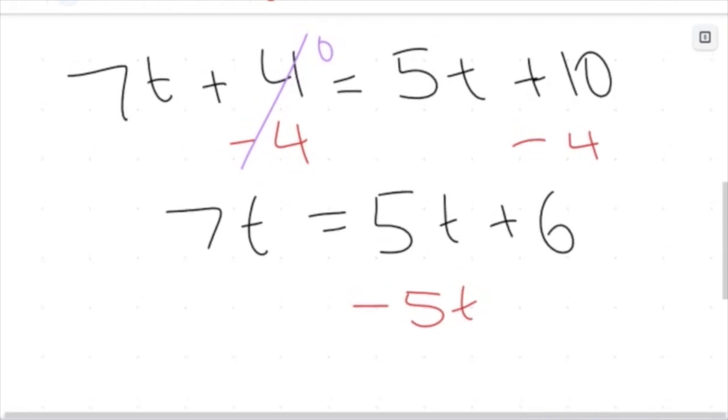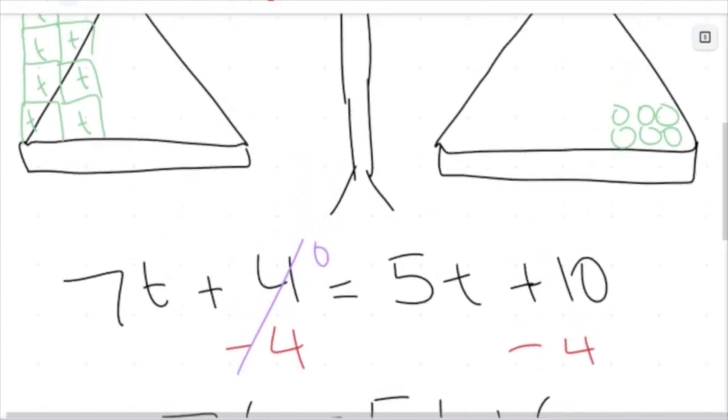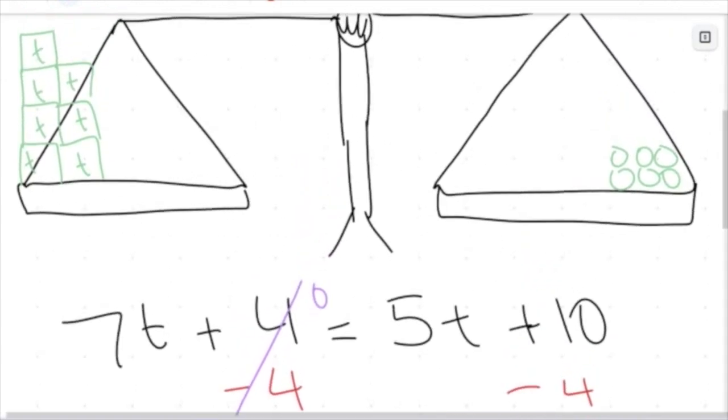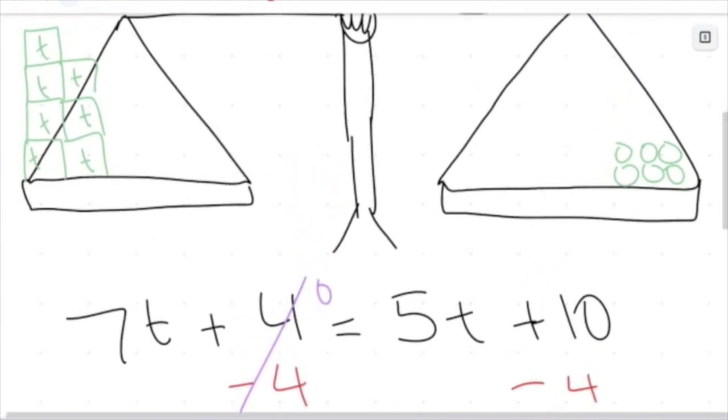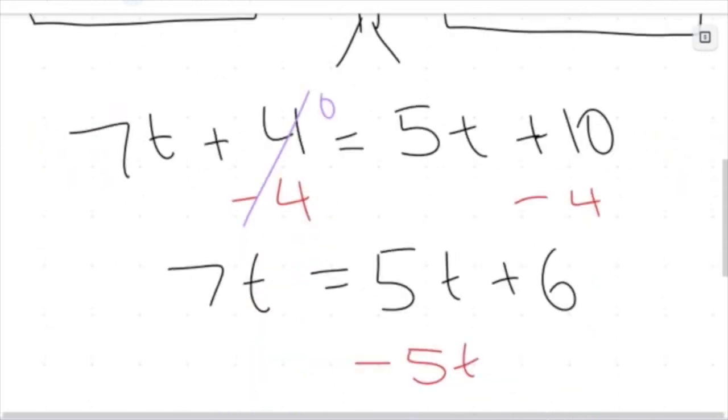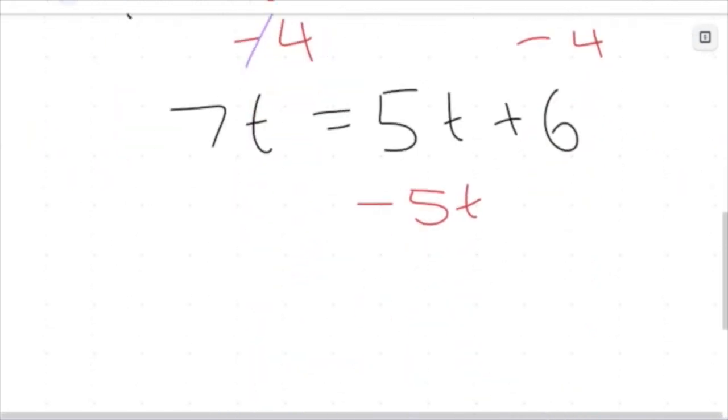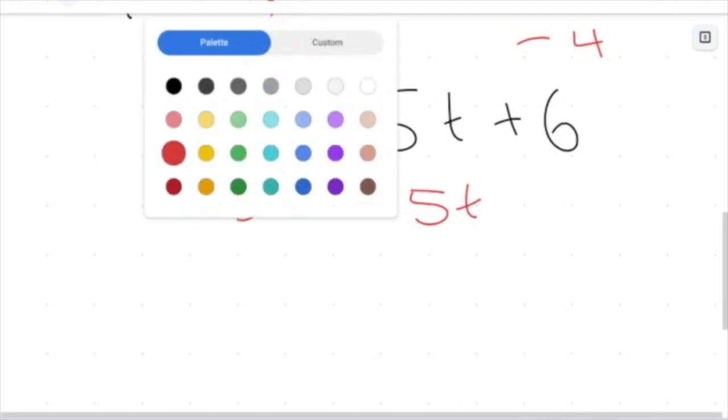If I take away 5t from that, that leaves me with 0 lots of t, 0 bags here. And what I do to one side, I want to do to the other side. So I'm going to take away 5 from here: 1, 2, 3, 4, and 5. So I am taking away 5t from both.